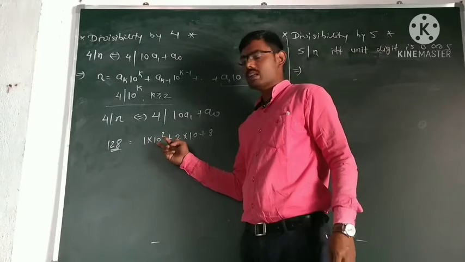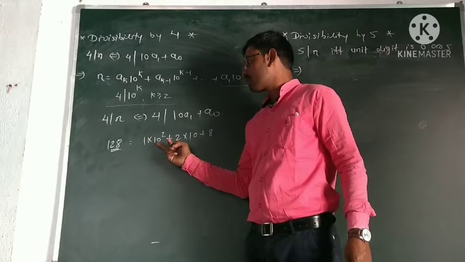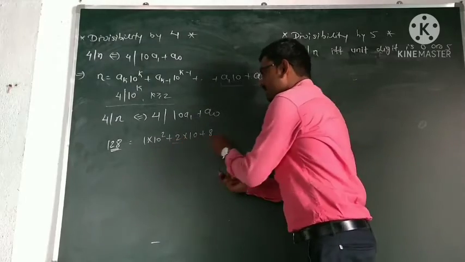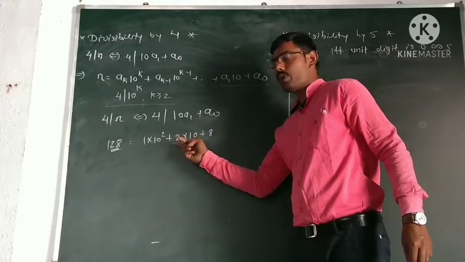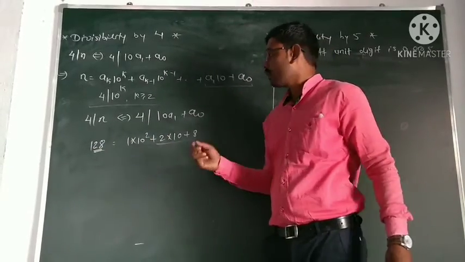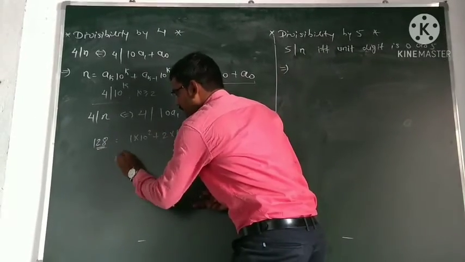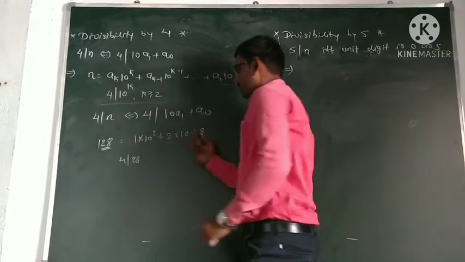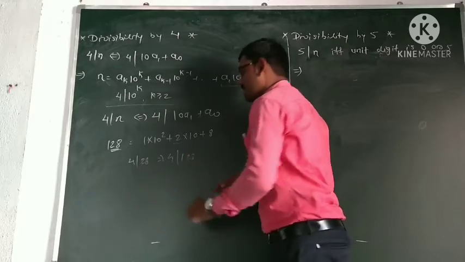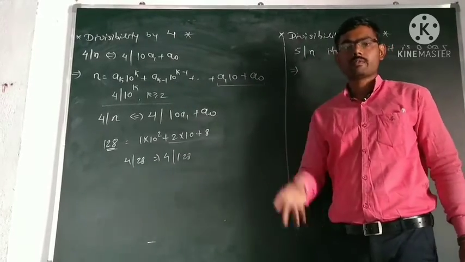But 4 divides 100. So 4 divides this number if and only if 4 divides 10 into 2, that is 20, plus 8, that is 28, the number formed by the last two digits. We know 4 divides this 28. This implies 4 must divide 128. This is the divisibility by 4.